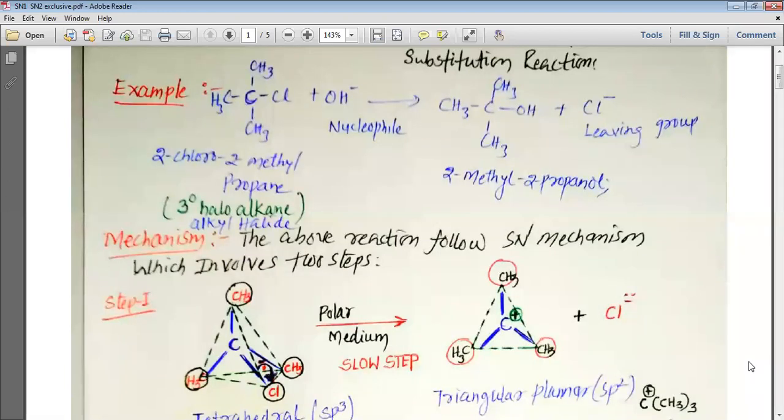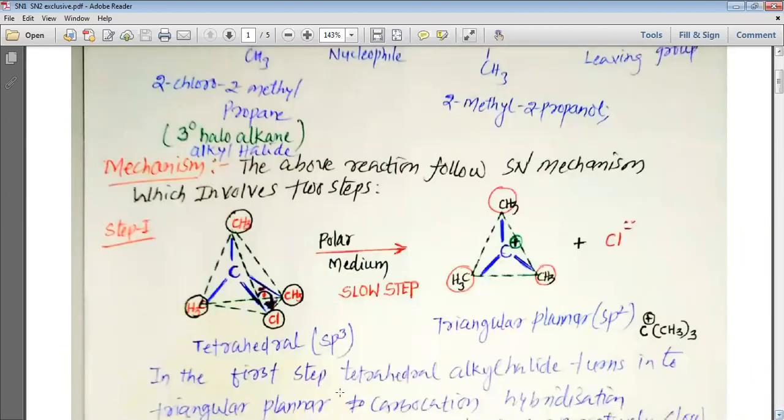So now we need to study this reaction in detail. Let us look at the mechanism of this reaction. When we look at the mechanism, my dear students, we come to know that the above reaction, which we have just seen, follows the SN1 mechanism, which involves two steps.